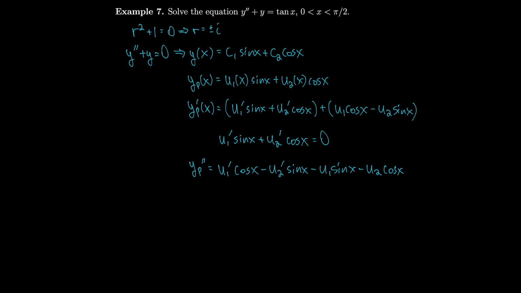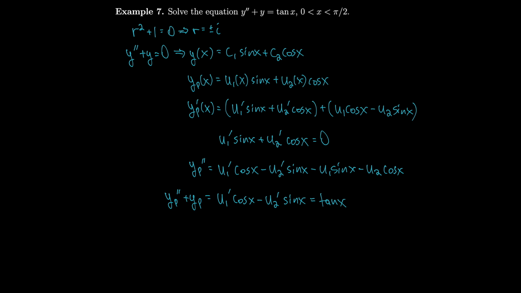So this means that yp double prime plus yp must equal u1 prime times cosine minus u2 prime times sine. We're just plugging back into our differential equation, and that should equal tangent.